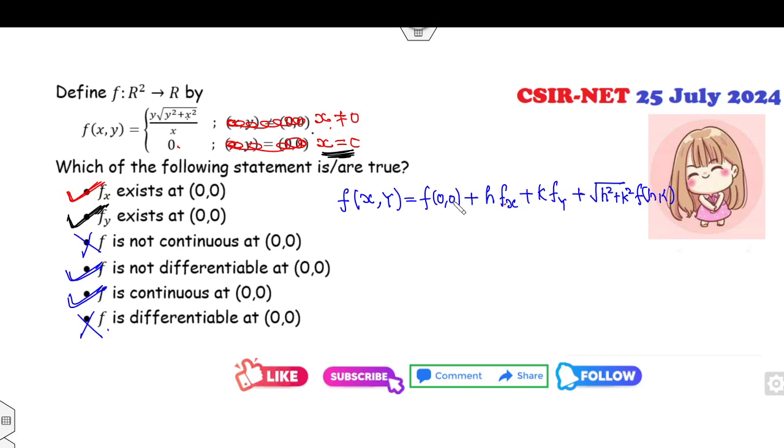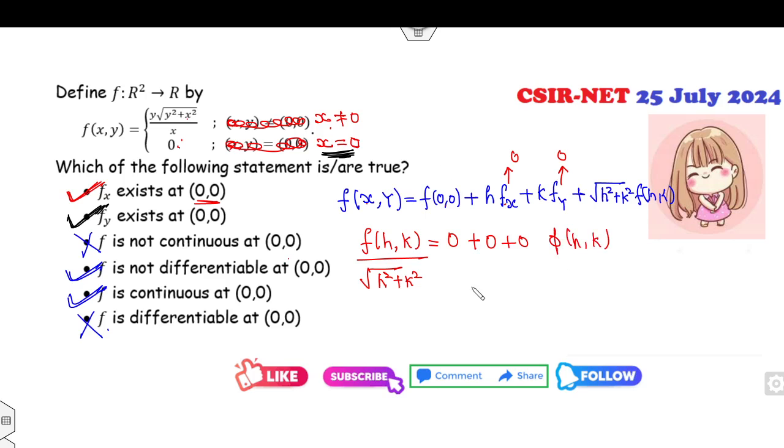Now what is fx? We have obtained that it is 0. Fy is also 0 at the point (0,0). This is the value of f(h,k). f(0,0), when x is equal to 0, the function is 0, 0, 0 divided by square root of h square plus k square, which is my phi of h comma k.